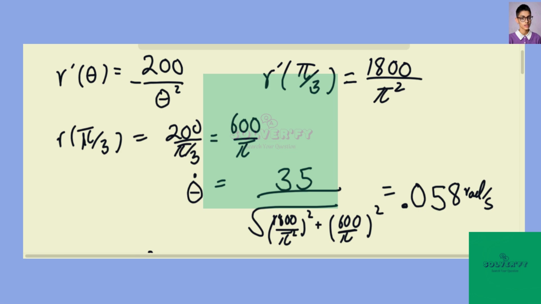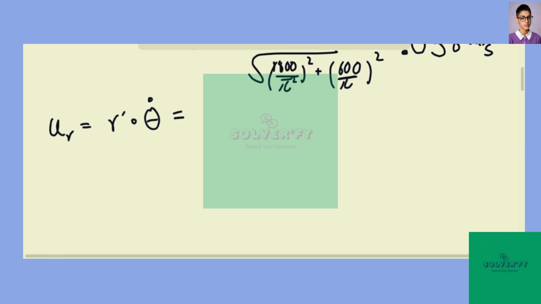So 1800 divided by pi squared times 0.058 is about 10.6 feet per second.